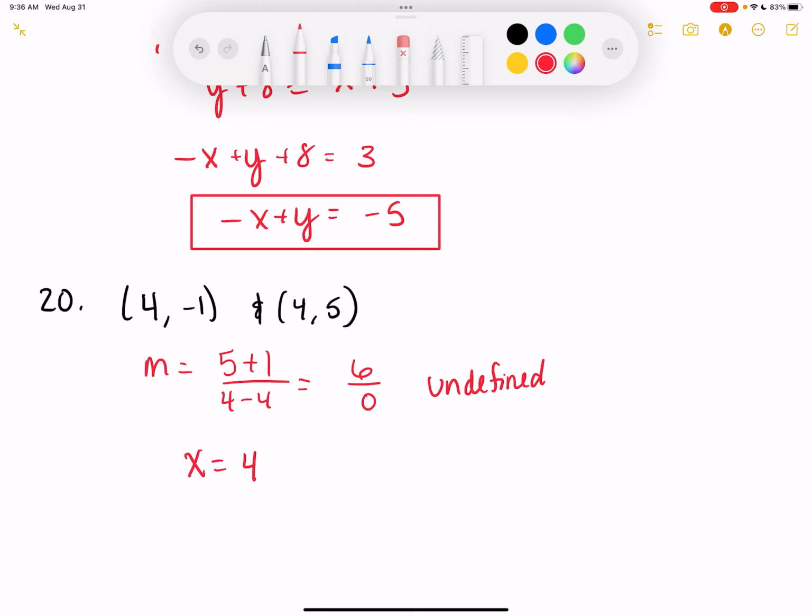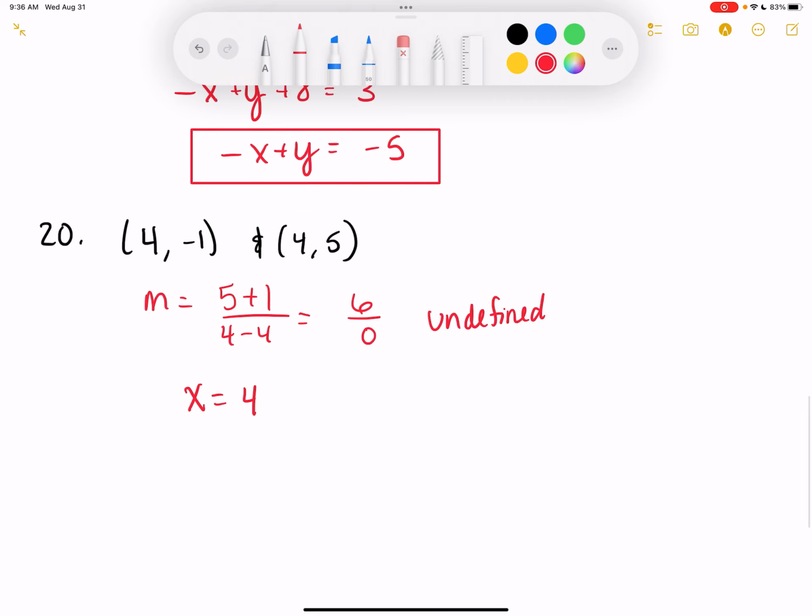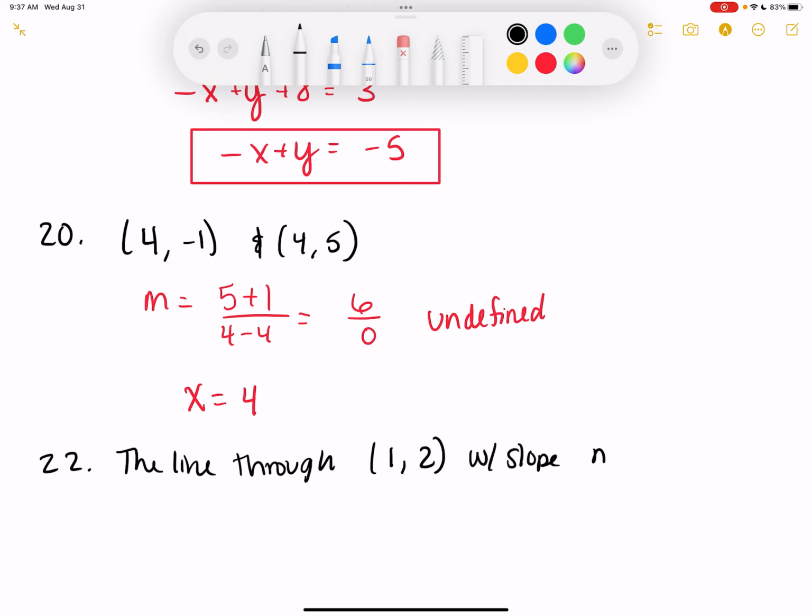Find the slope-intercept form of the equation for the line. So this one says the line through (1, 2) with slope m equals 1/2.